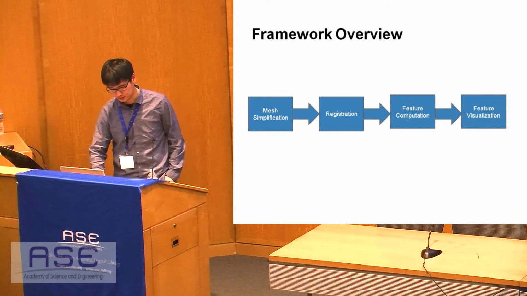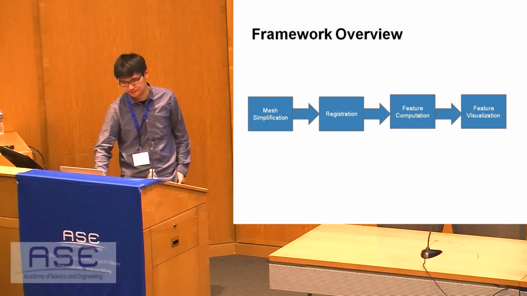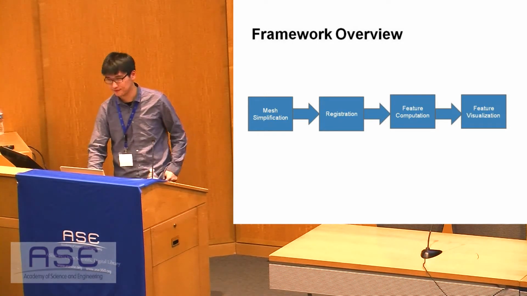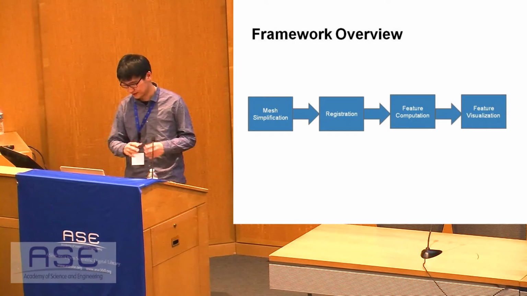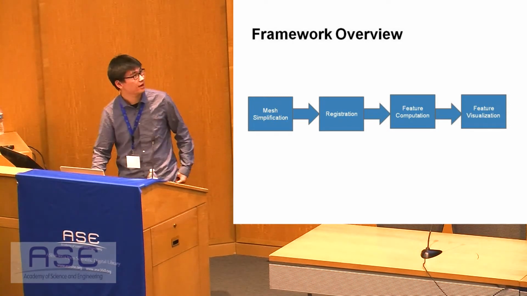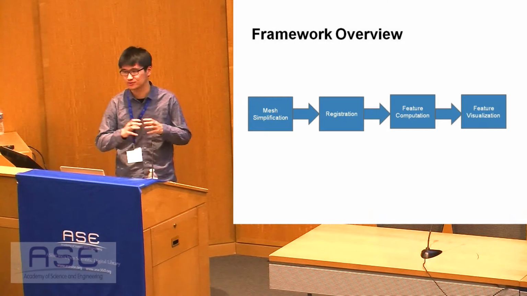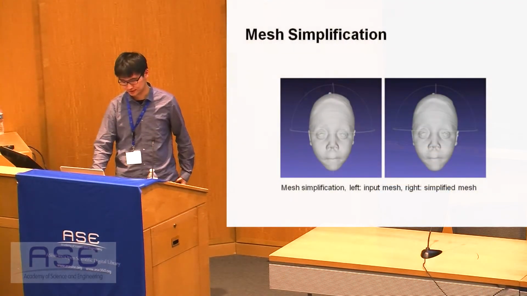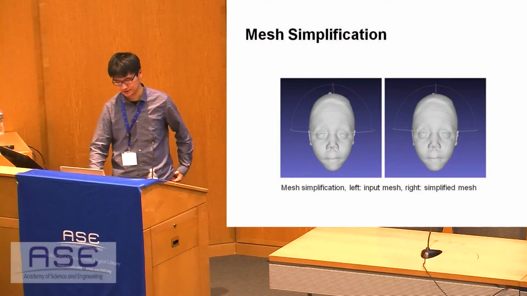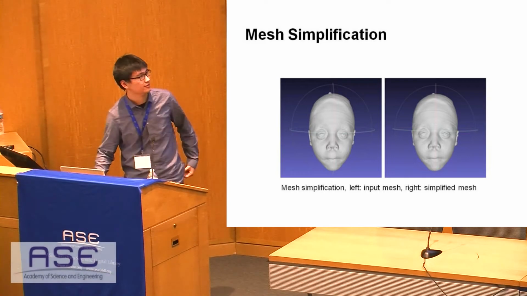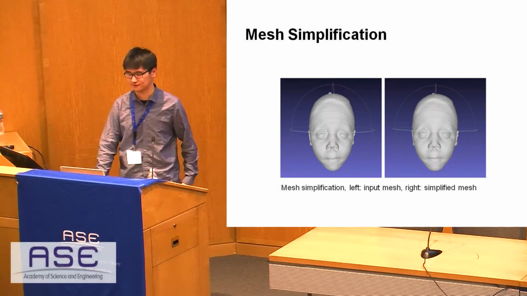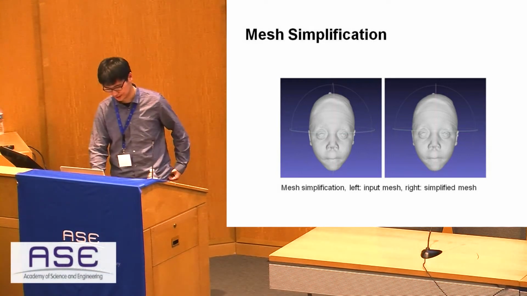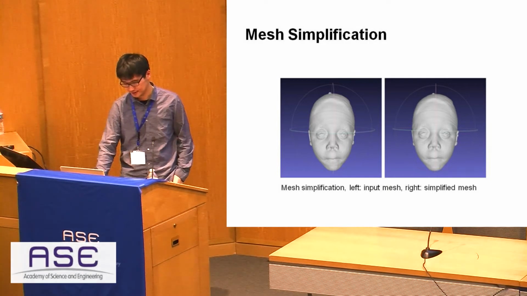Notice that we need to do this mesh simplification, or we can say surface simplification, because the input data of the baby's head has too many points. So it is very inconvenient and inefficient to analyze such a surface. So we need this mesh simplification process.